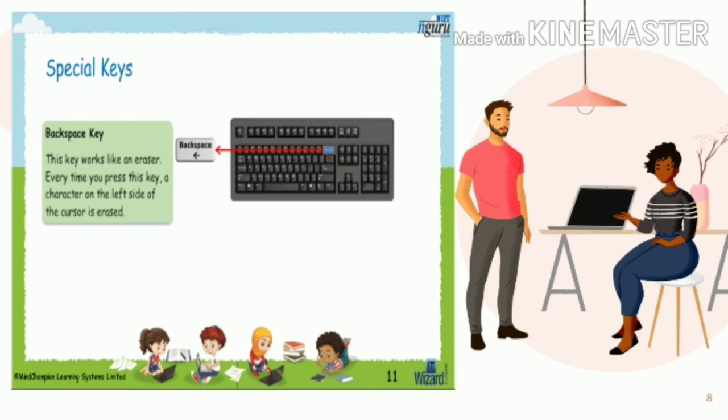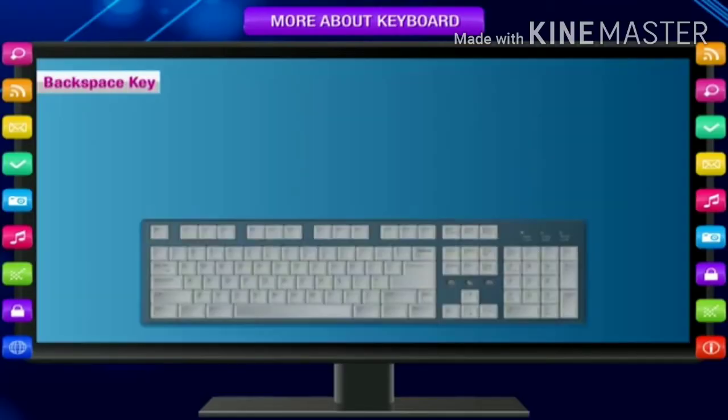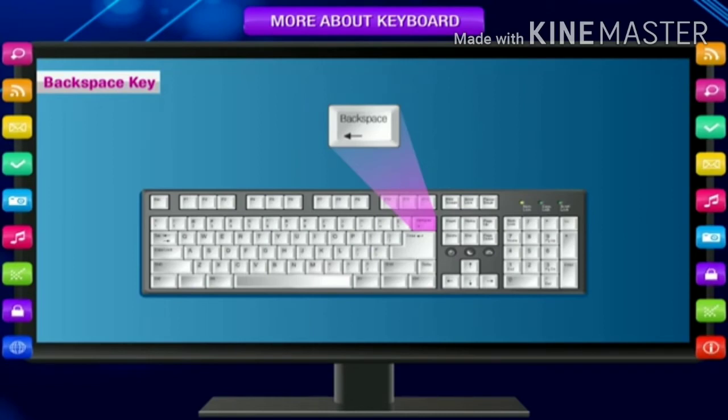Now let's start with the backspace key. This key works like an eraser. Every time you press this key, a character on the left side of the cursor is erased. So students, this is a backspace key. Let's give an example of how the backspace key works on your computer. Pressing this key erases any text on the left side of the cursor.